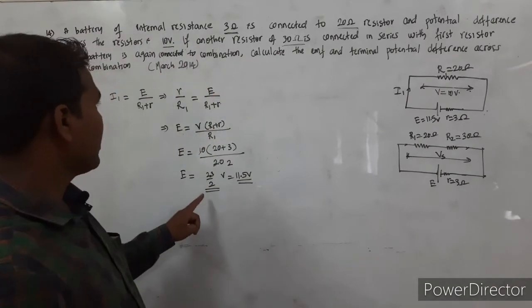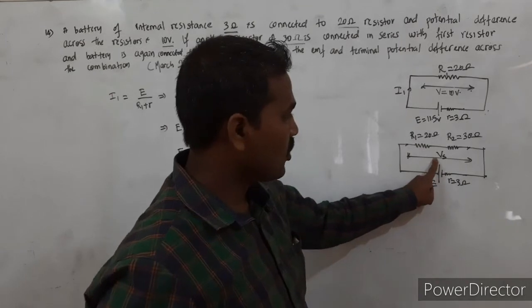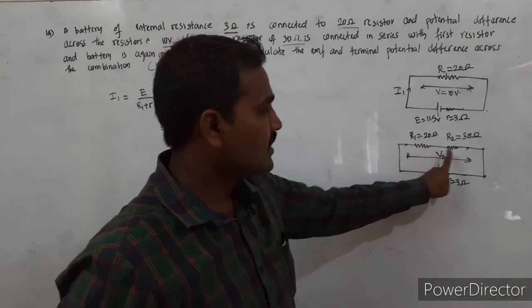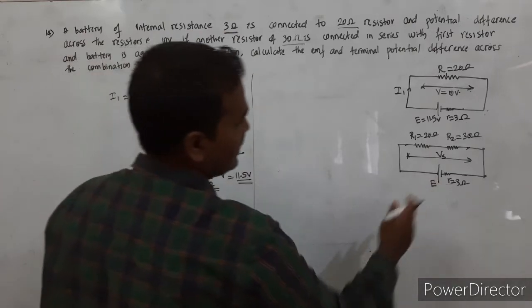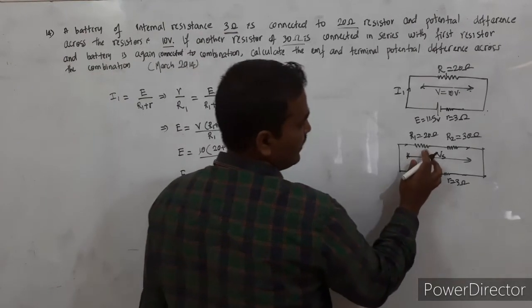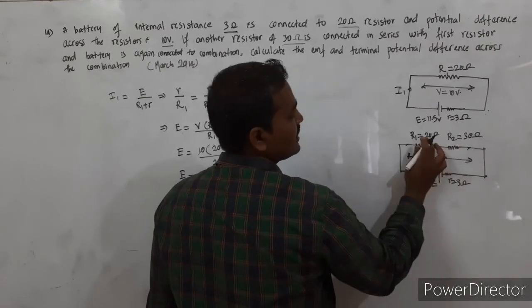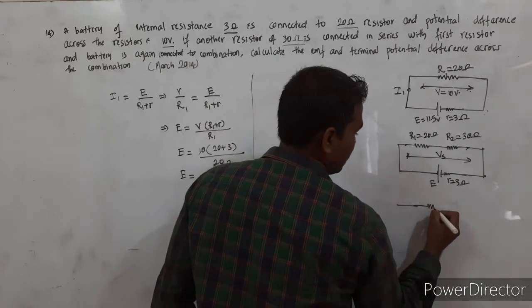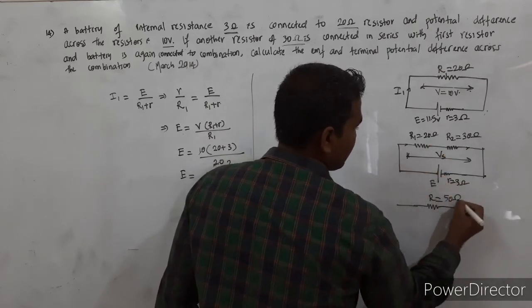Okay, now I have to find the value of the potential drop when the resistors are connected in a series combination. Okay, so second case, let me write the effective resistance of the series combination here. Both the resistors are connected in series. So the effective resistance is equal to 20 plus 30, that is equal to 50 ohm.